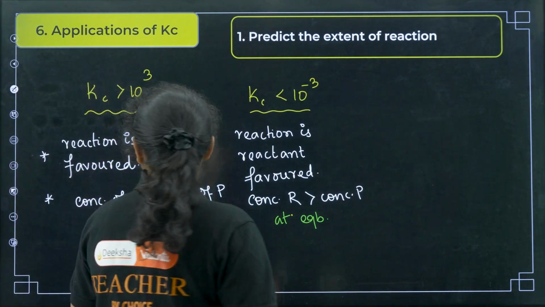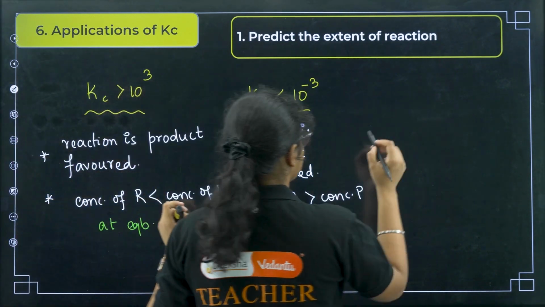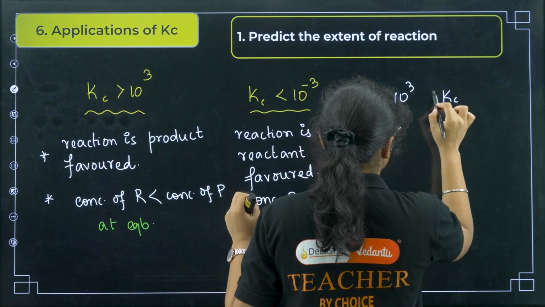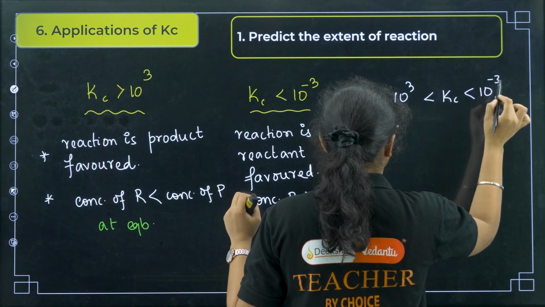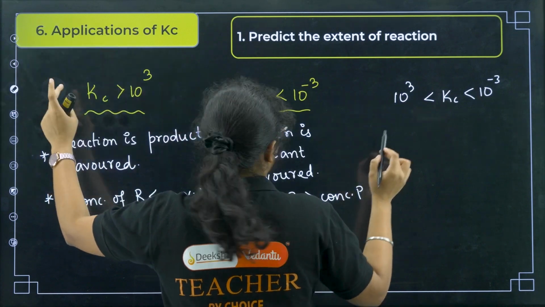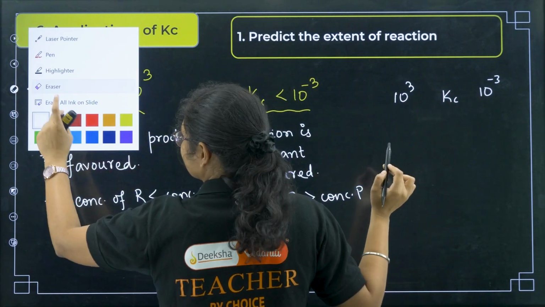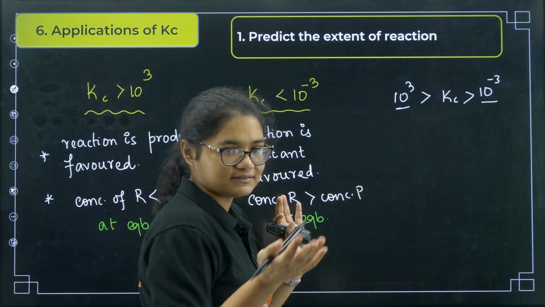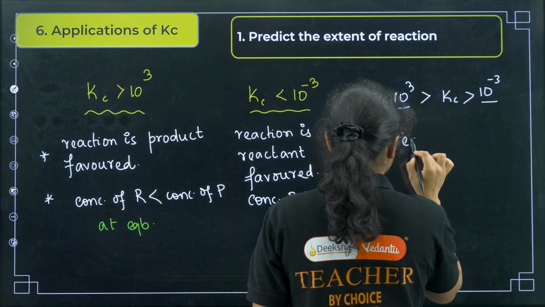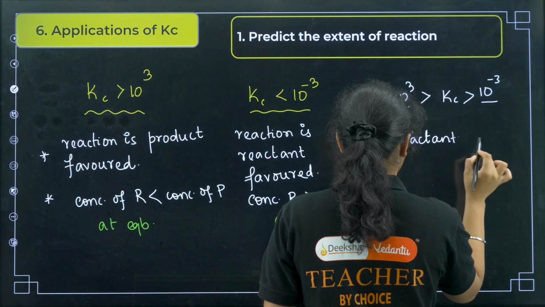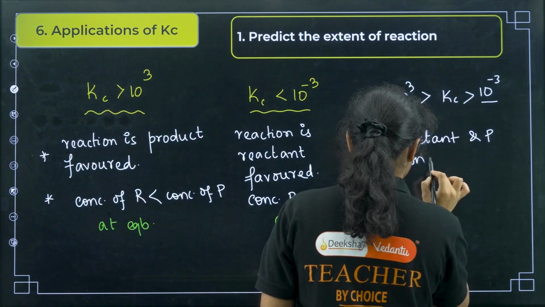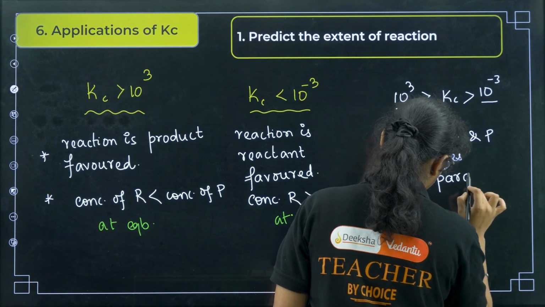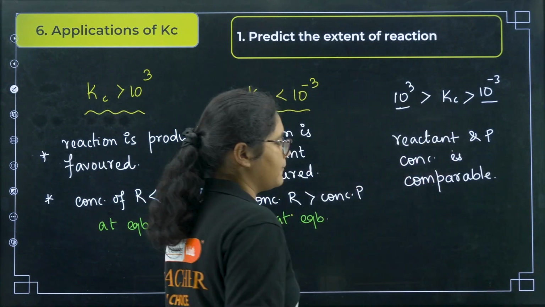Next, if the value of Kc lies between 10 to the power of minus 3 and 10 to the power of 3, then we can say that the reactant and product concentrations are comparable.